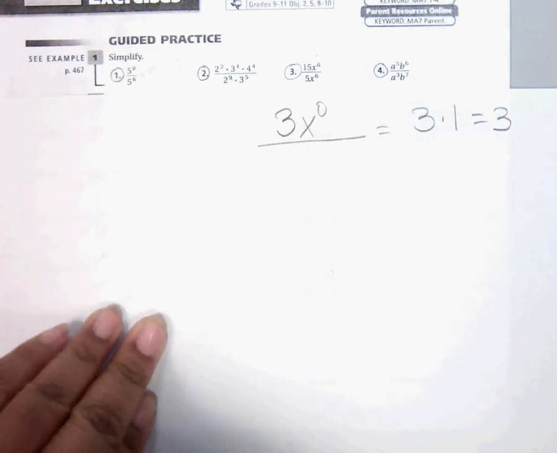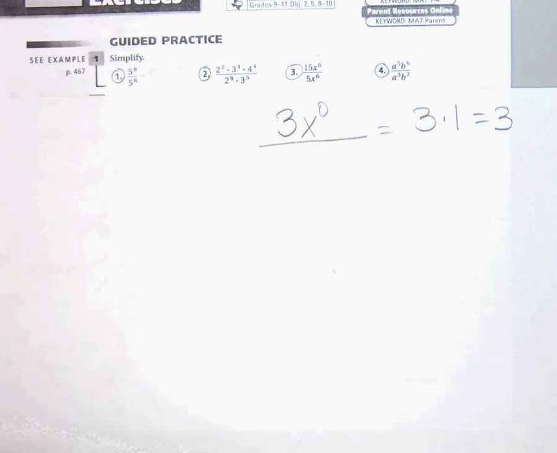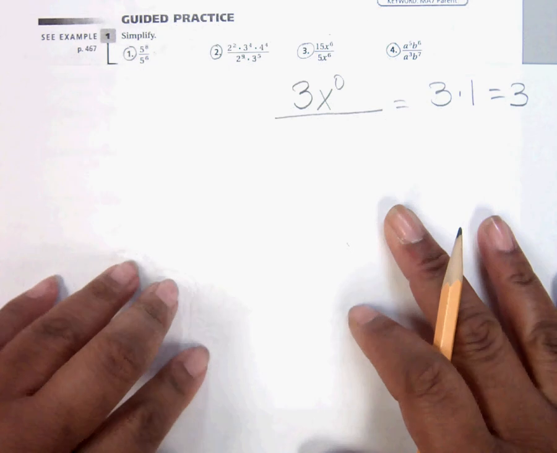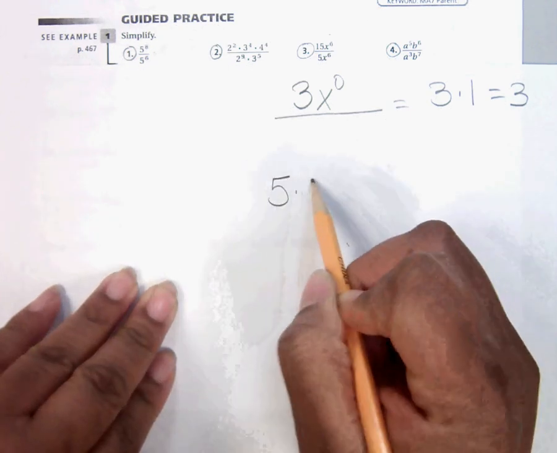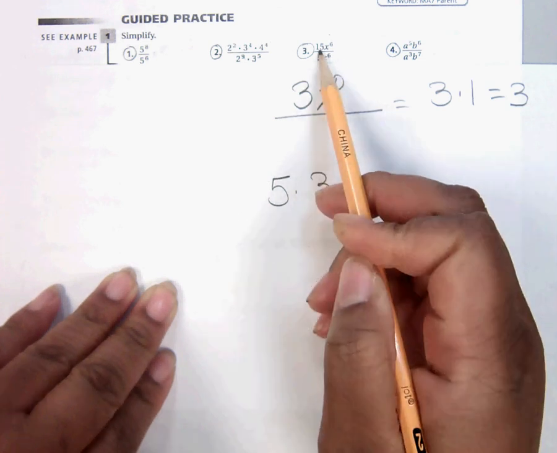Would you like to see it the long way? Oh, Miss Pierce, is it okay if I do that? I'm so excited. Of course, Mr. DSN. I don't mind. Okay, guys, here we go. 5 times 3 is 15.